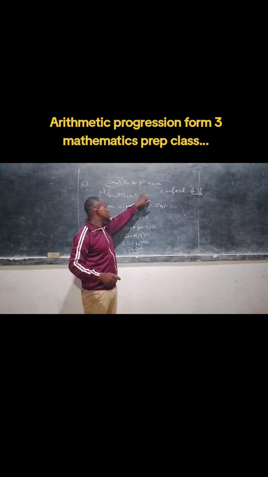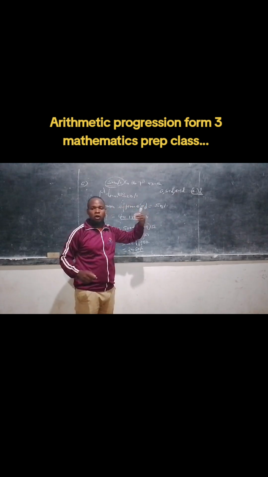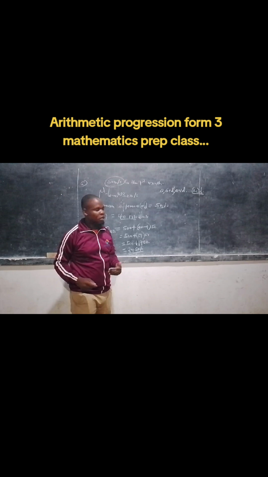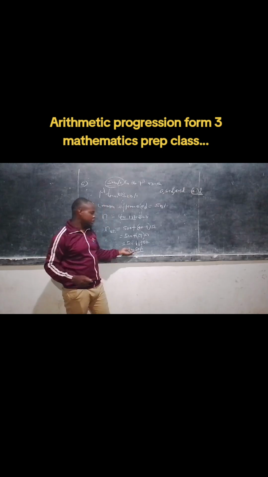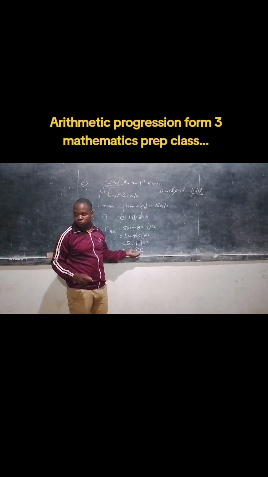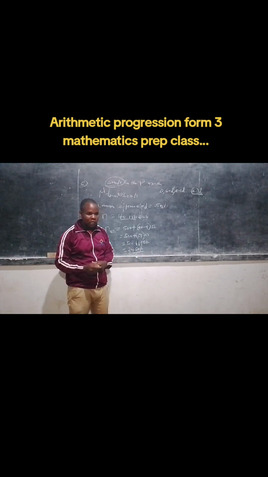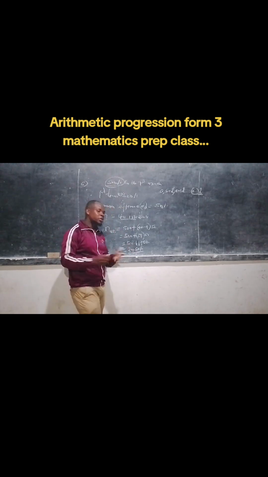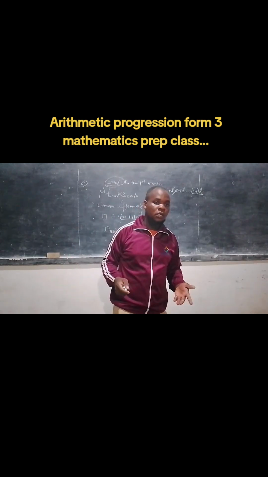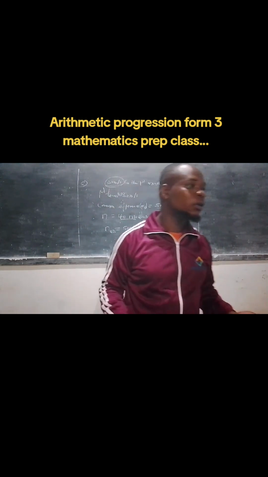Then in the second month, an increase of 50 shillings. So it increases by 50 until the last month, when she deposited 2,400 and 50, which is 2,450. That is our question A. Are we together up there? Yes. Is anybody with a question?